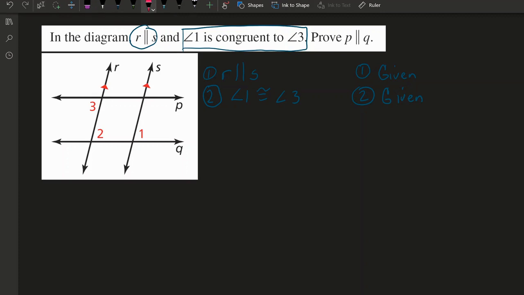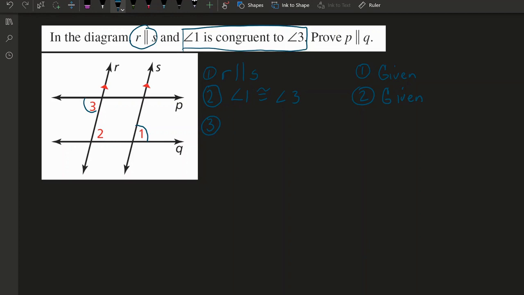Now, the first thing I want to do is look at the fact that 1 and 3 are congruent. So I'm just going to mark these. Angle 1 is congruent to angle 3. So for step 3, I want to pay attention to R and S. R and S are parallel, which means that I'm allowed to use any of the parallel lines theorems that we've learned before.